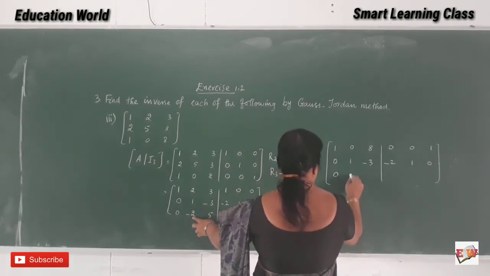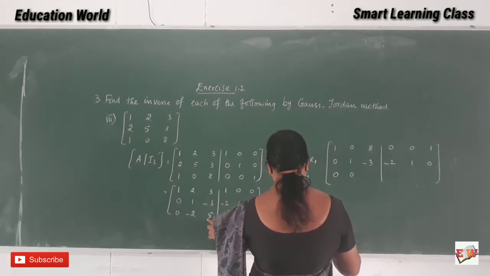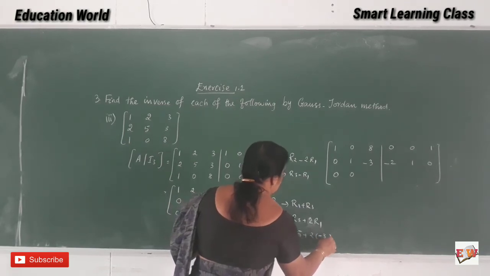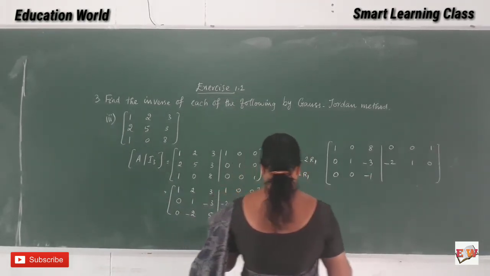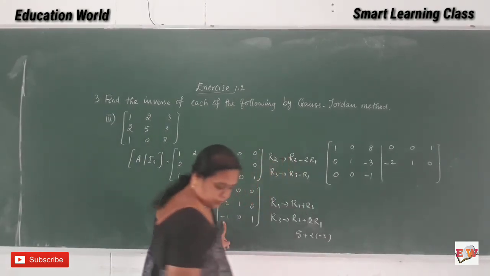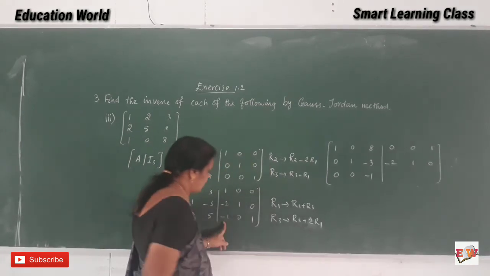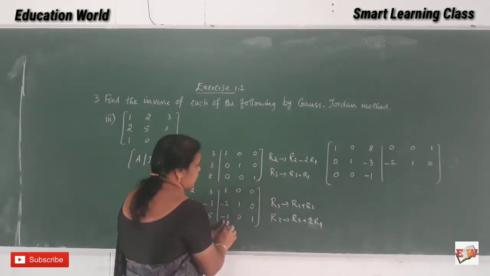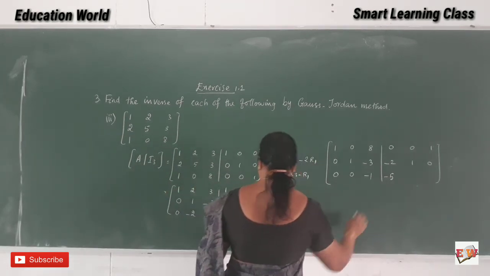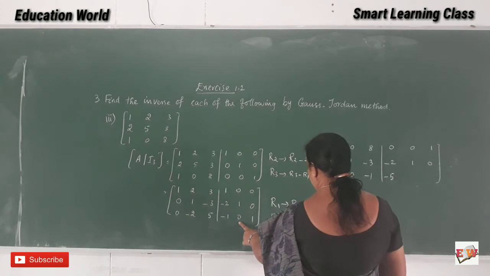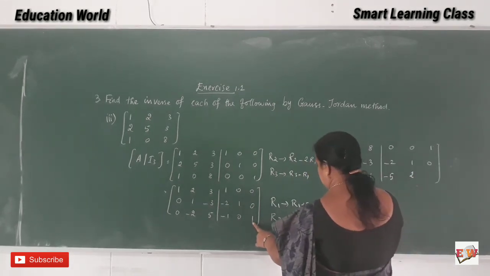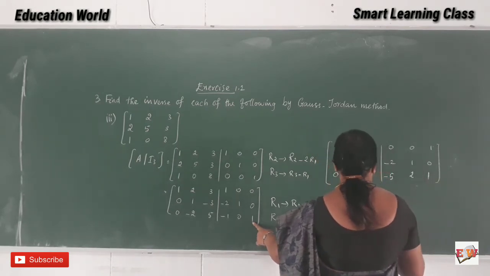If you are adding, here 0. R3 5 plus 2 into minus 3, so minus 1. Here R3 minus 1, minus 4. Minus 1 minus 4, minus 5. R3 0 into 2, or 1, 2. R3 1 into 2, 0 1.